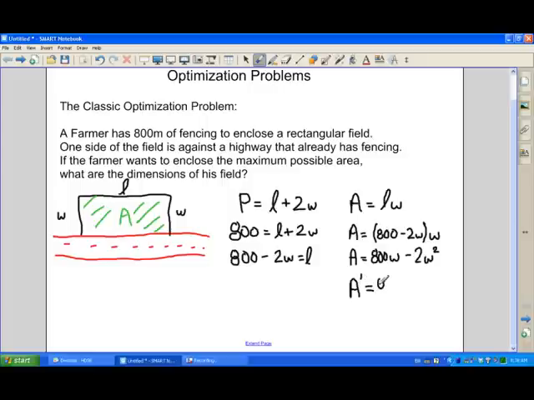So if I find the derivative of area, my equation becomes 800 minus 4W. And if I think about this area equation before I took the derivative, it would be like an upside down parabola. And that vertex, where my slope is 0, would be my maximum point.